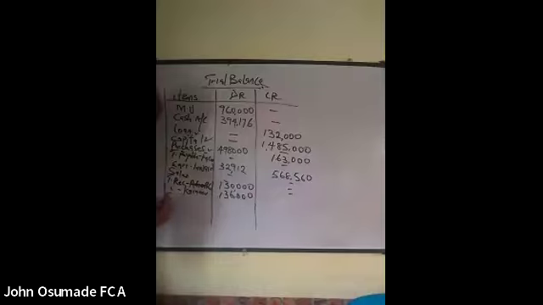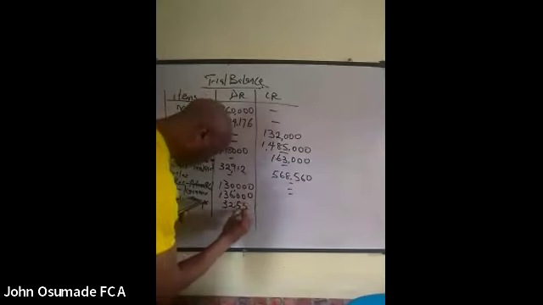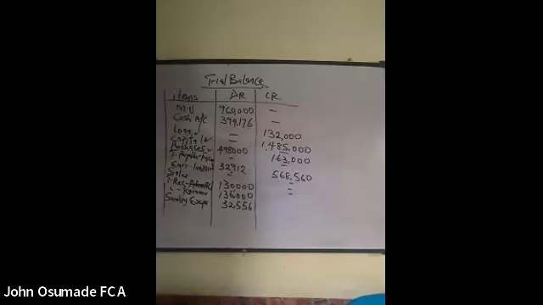Next. Sundry expenses. Debit side. Expenses is a debit side. 32,505 naira, 56 kobo. Next.